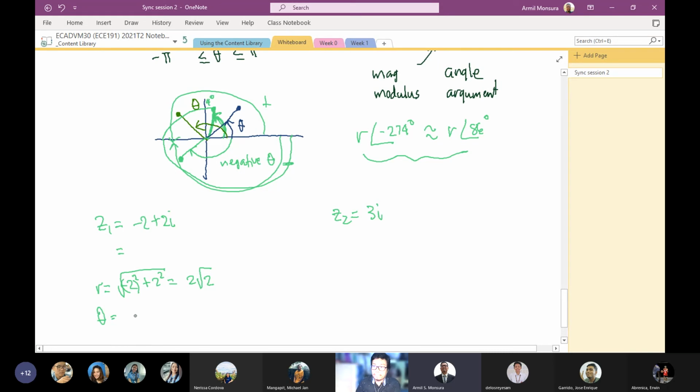How about their angle? This is arctangent of 2 over 2. The arctangent of 2 over 2 or the arctangent of 1 is basically 45 degrees. Pero ang tanong, anong quadrant ito?